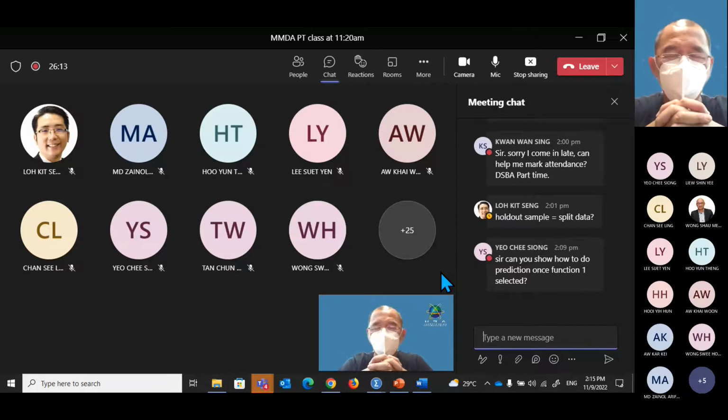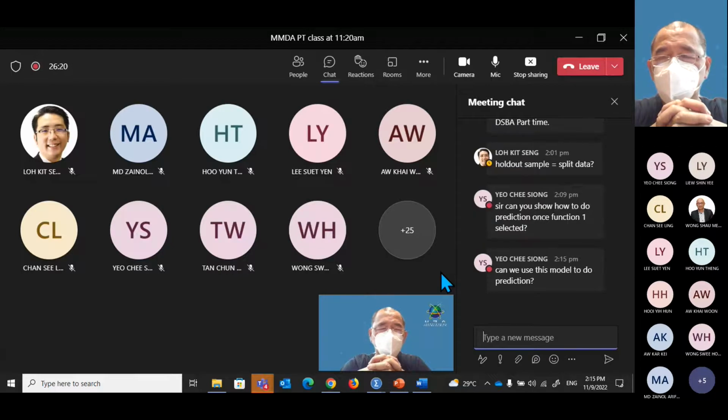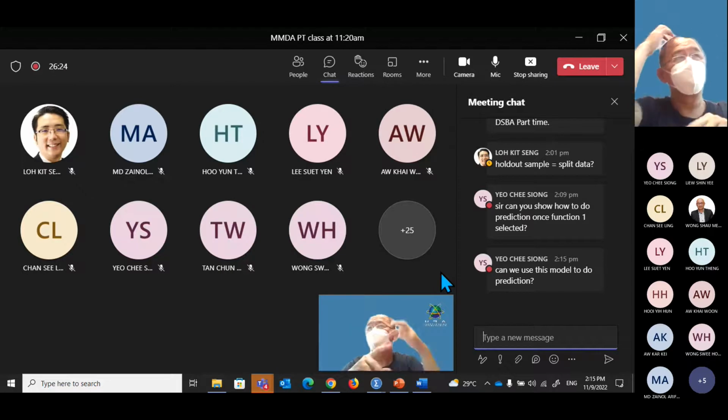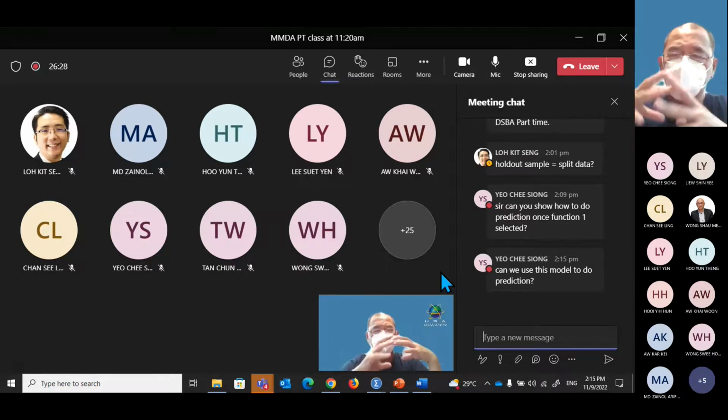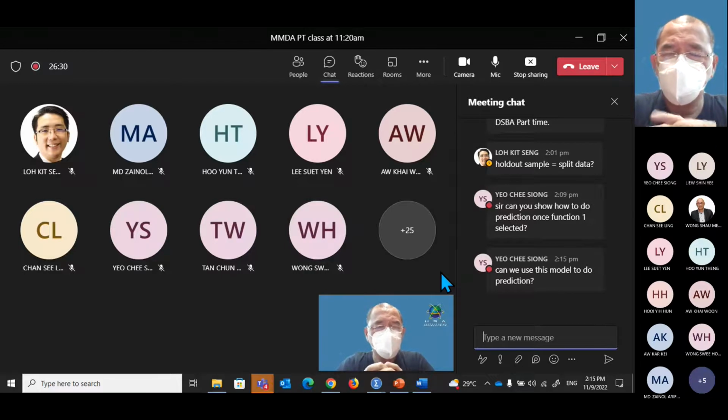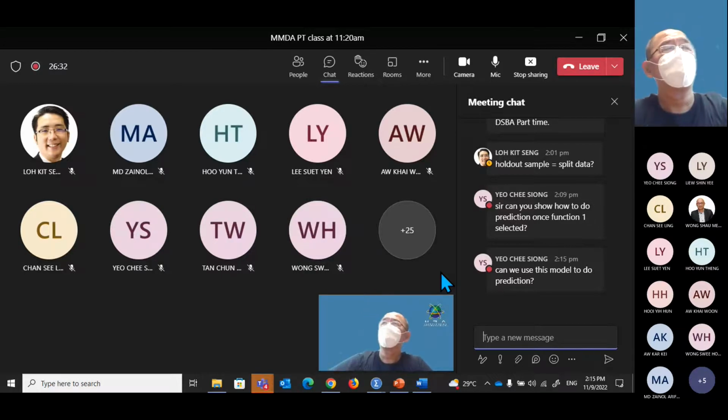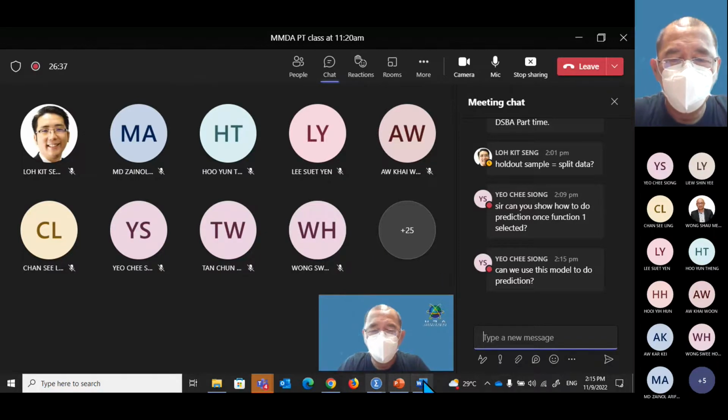Are you saying the hit ratio? No, use this model to do prediction. So of course we can do prediction.